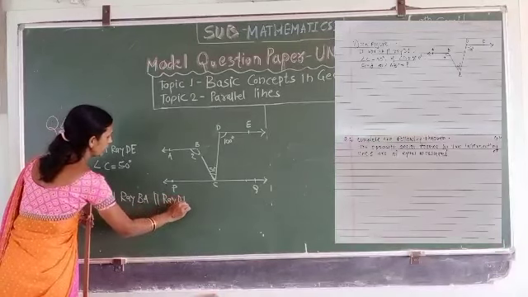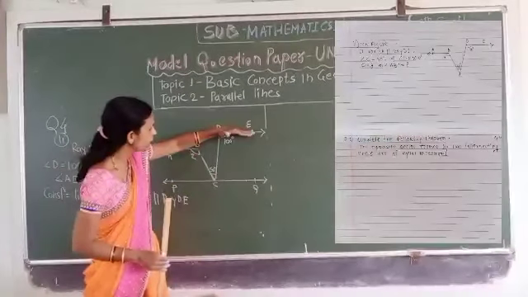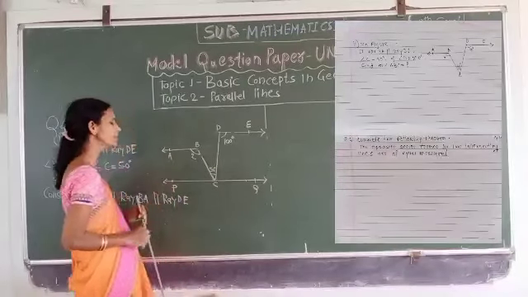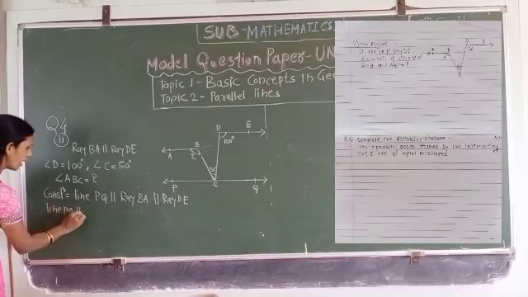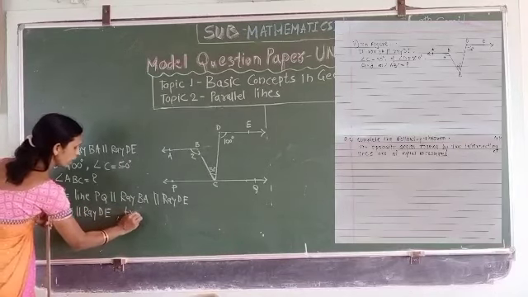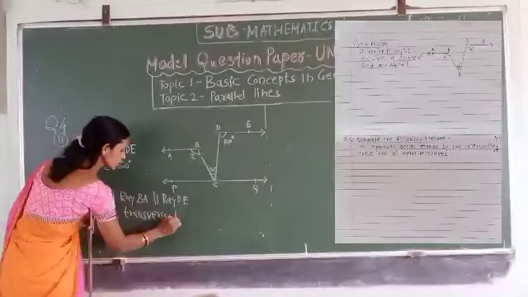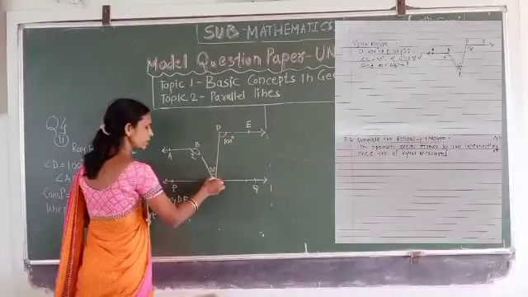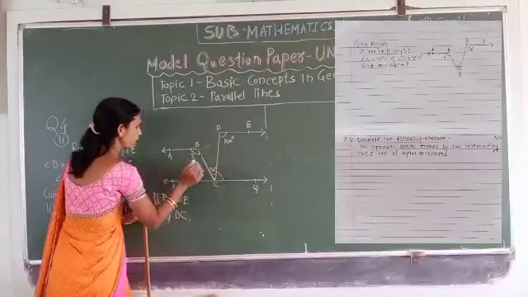Then see here, according to construction, ray DE and line PQ are parallel, and here transversal DC is considered. Therefore, see here, angle EDC and angle DCQ are interior angles.